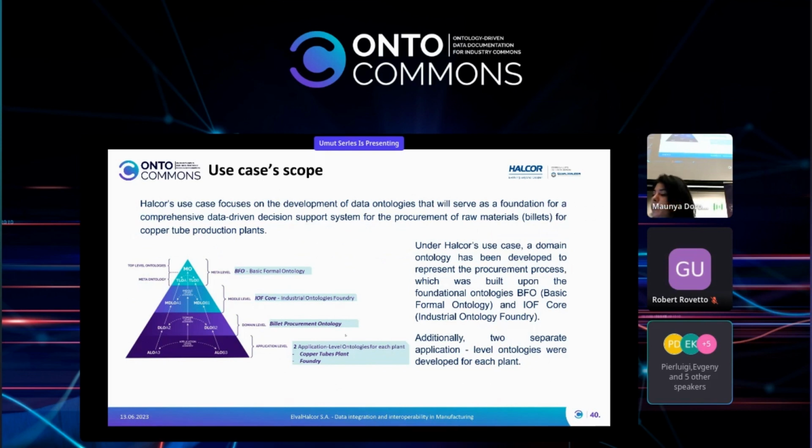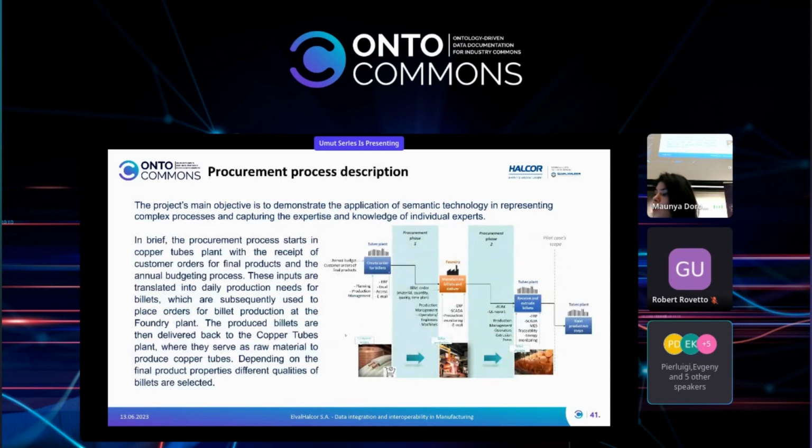As you can see in the pyramid chart, one domain-level ontology was developed for the procurement of billets, which was built upon BFO, the top-level ontology, and the middle-level ontology IFCore, and additionally 2 separate application-level ontologies, one for each plant. So again, the pilot case aims to demonstrate the power of semantic ontology in representing complex processes such as procurement, and also capture expert knowledge.